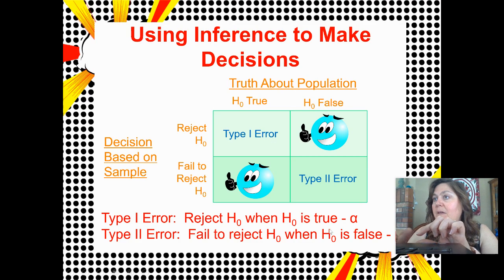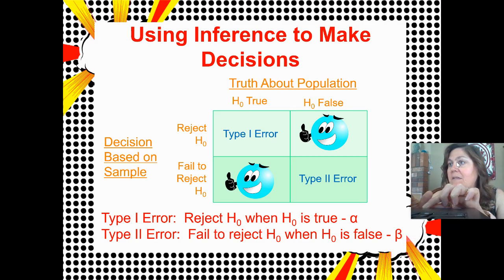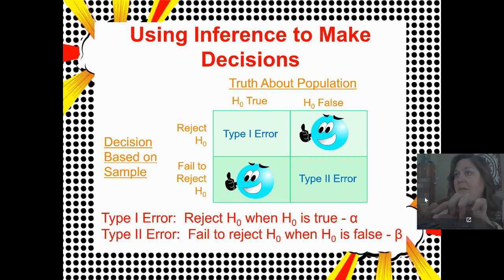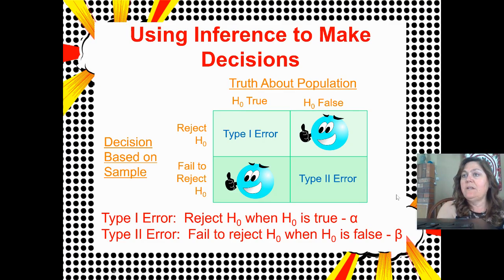Let me move myself out of the way here so you can see. Okay, we fail to reject H0, but H0 is false. Okay, this type 2 area right here, and they've given that the Greek letter beta. I'm going to talk more about beta in a minute. This gets pretty complicated. It's easy to understand type 1 error. Type 2 error is a little harder to see how they've done the calculations.